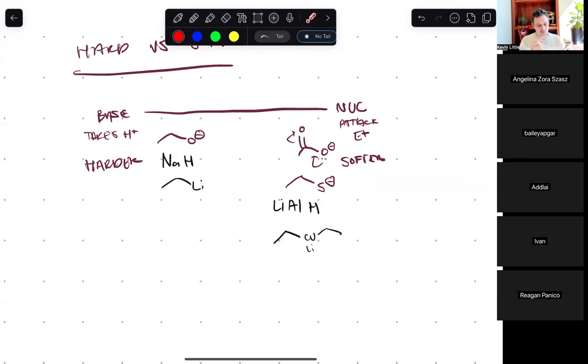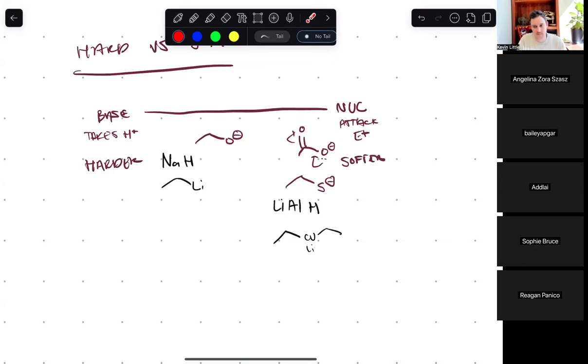Here, the charge is more localized. We get small counterions or the charge on this little oxygen that's not spread out. These things tend to be harder. And if I'm honest, this oxygen is more like, right? It's a spectrum. Things aren't perfectly hard or soft, but it's hard compared to this, but it's softer than, say, sodium hydride. But it's within a spectrum.